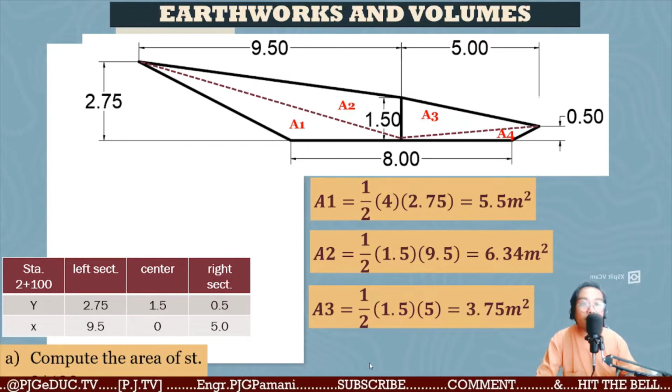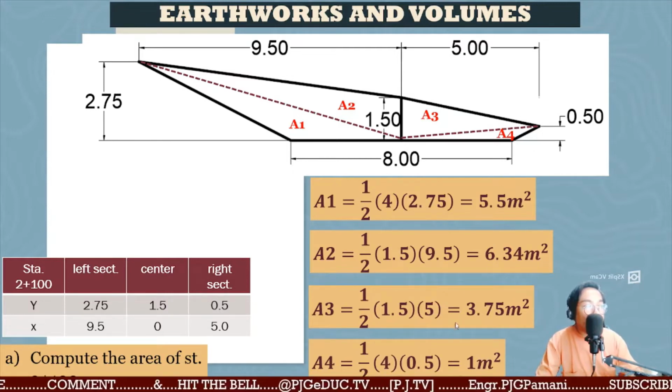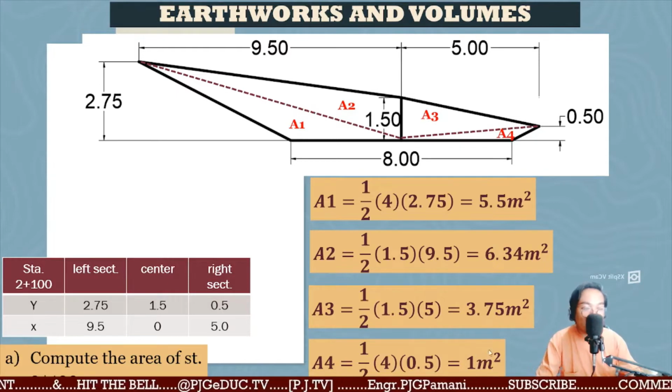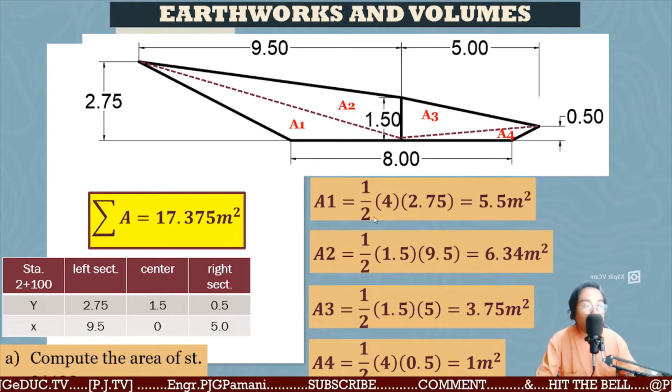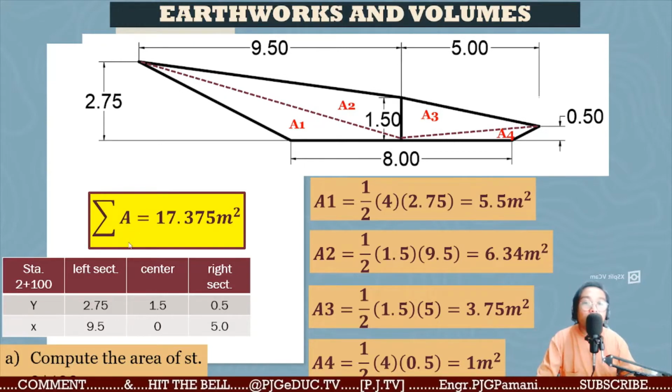A3, 1/2 of 1.5 times 5 is 3.75 square meters. And A4 is 1/2 of 4 meters times 0.5 meters is 1 square meter. And the summation of the areas gives us the area of section 2+100, which is 17.375 square meters.